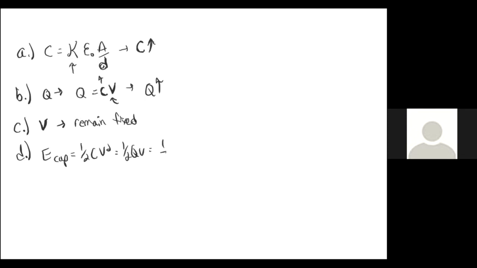It's equal to 1/2 Q squared over C. There's a bunch of different ways I could think about it, but if V remains the same, but the capacitance increases when we stick that dielectric in between the plates, then V squared remains the same, but our capacitance increased in this case. That means that the energy stored in our capacitor has to also increase. It increases because the capacitance increased, but our potential across the plates remains the same.